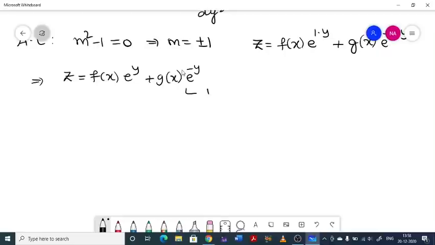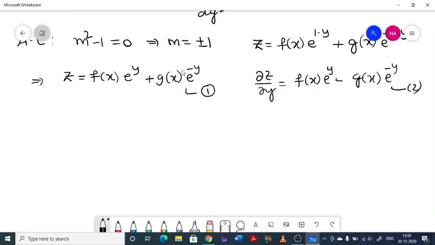Call this equation 1. Next, ∂z/∂y = f(x) e^y − g(x) e^(−y). Call this equation 2.